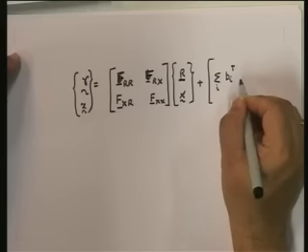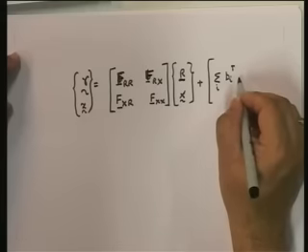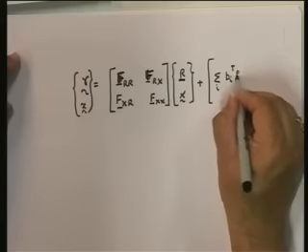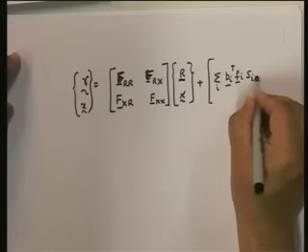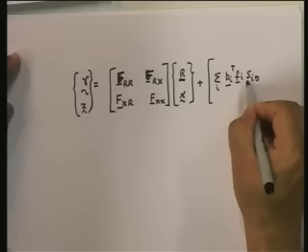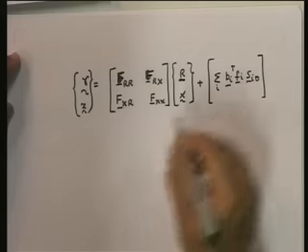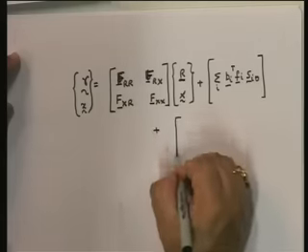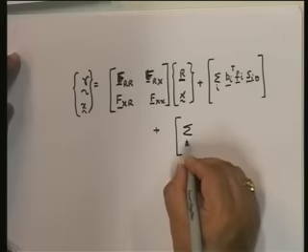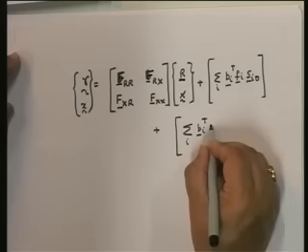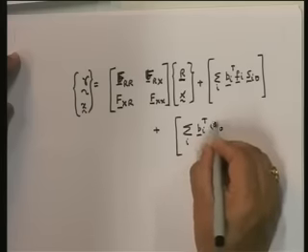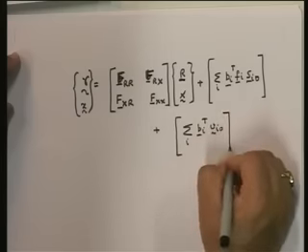Bi transpose Fi Si0 plus Bi transpose Vi0.